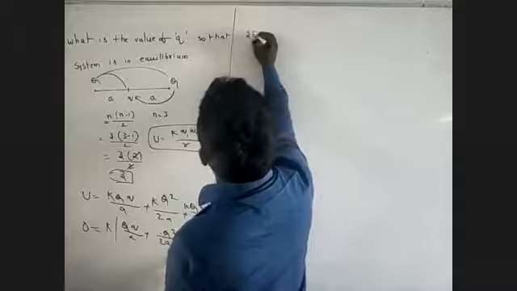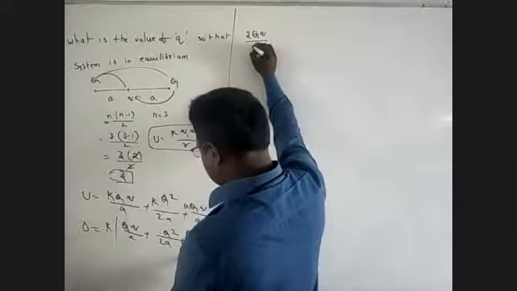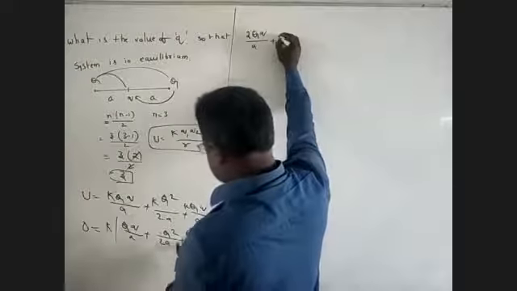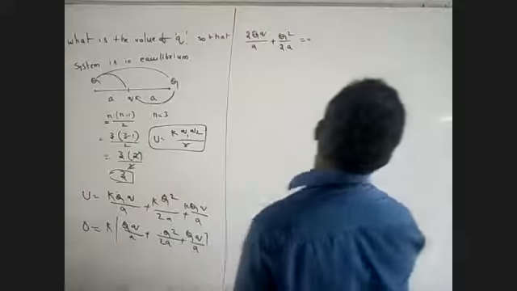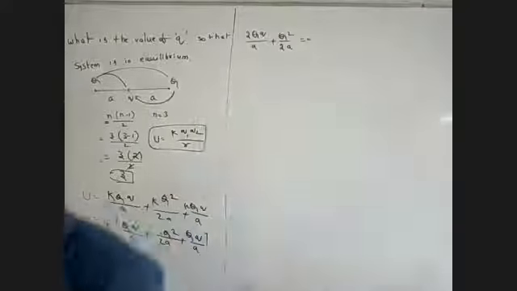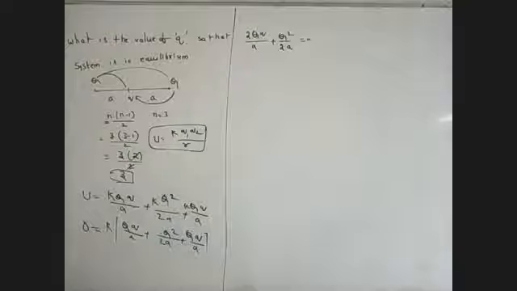That is 2 capital Q small q by A plus Q square by 2A is equal to 0.